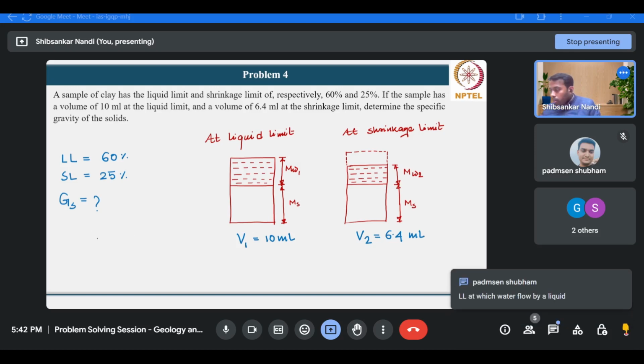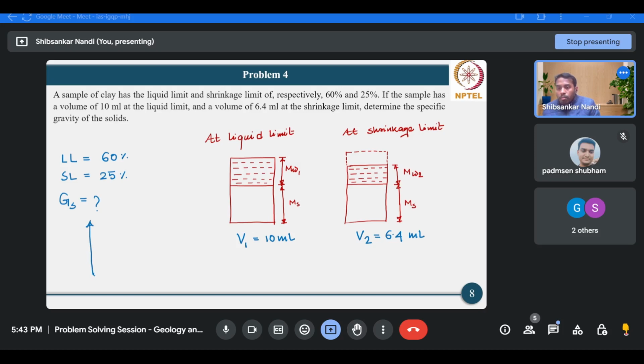Liquid limit is the water content at which soil flows like a liquid. Okay, I think it's okay, but a more elaborate explanation or discussion on this matter will help you with this schematic.